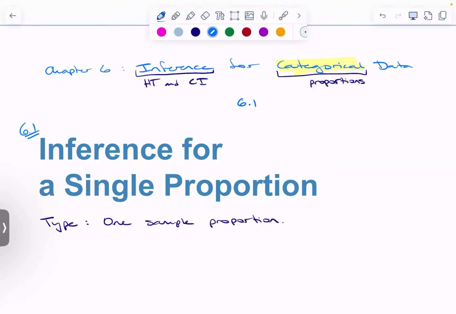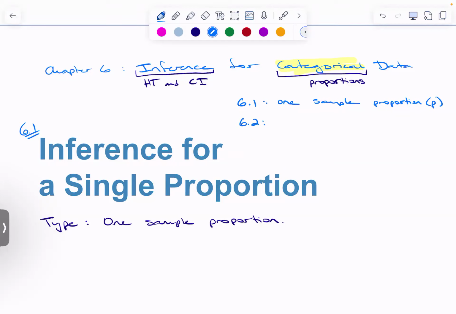I say new-ish because we could have solved it already, but we haven't talked about it explicitly. But 6.1 is one sample proportion, p. All right, in our hypothesis test and our confidence interval, we're trying to learn about what p is.